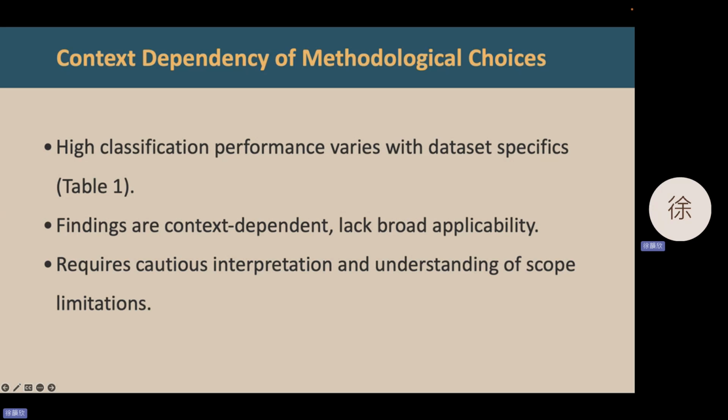Although many studies suggest high classification performance, given the distinct specifics of the datasets detailed in Table 1 and the diversity of methodology explored in the existing literature, research findings are highly context dependent and may not be broadly applicable, so it needs cautious interpretation and an understanding of the limited scope.